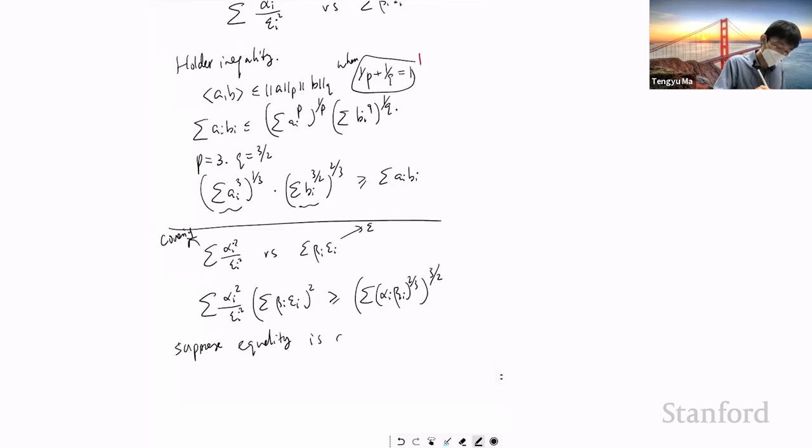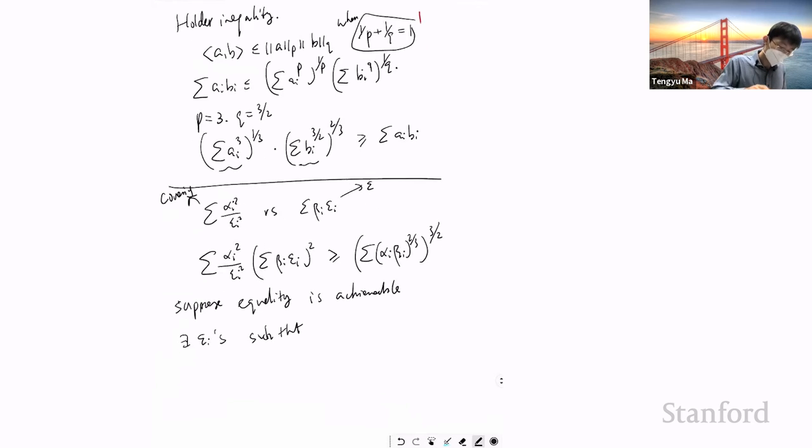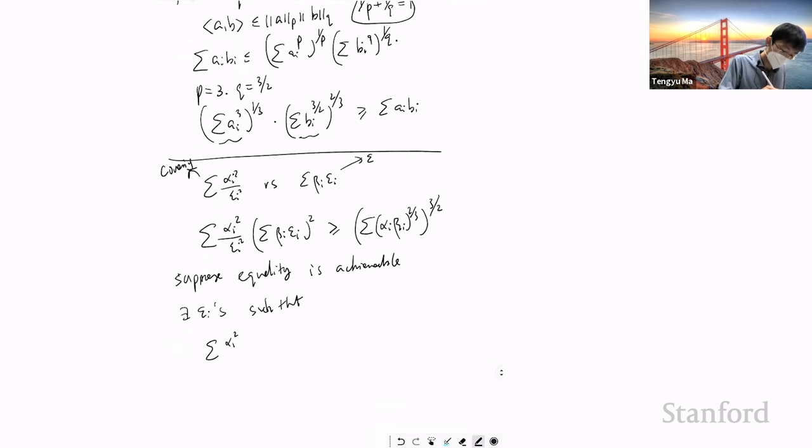So if equality is achievable, it means that there exist epsilon_i's such that the sum of alpha_i epsilon_i squared equals this quantity, the 3/2 power over the sum of beta_i epsilon_i squared.